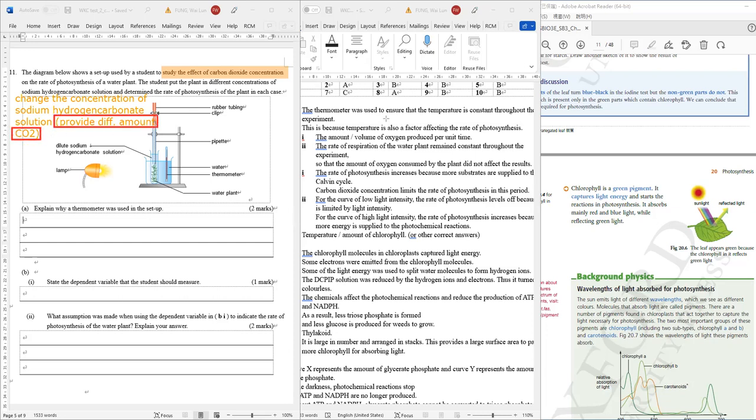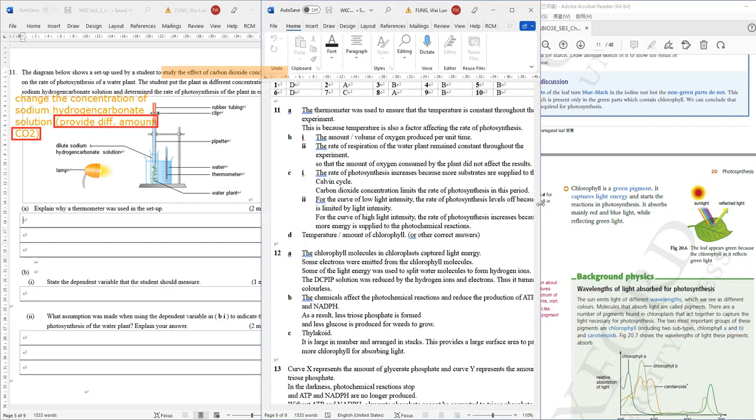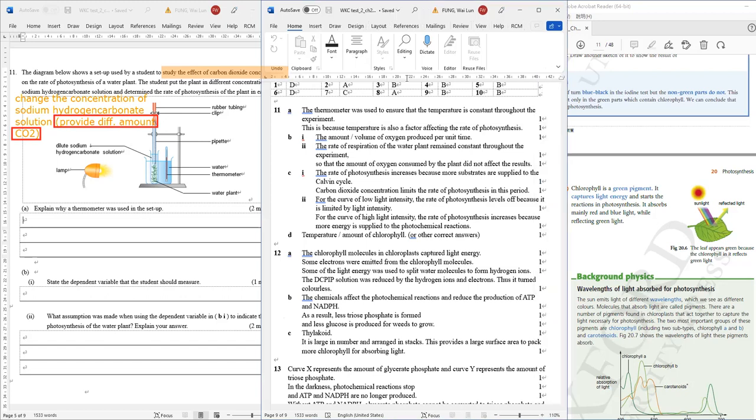I want to keep everything constant. So in this case, the thermometer is used to ensure the temperature is constant. I want to use that thermometer to keep the constant temperature, so that temperature would not affect the rate of photosynthesis.